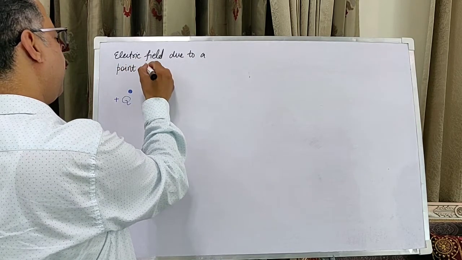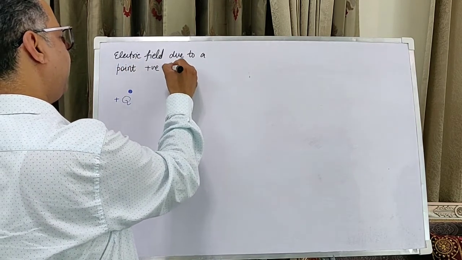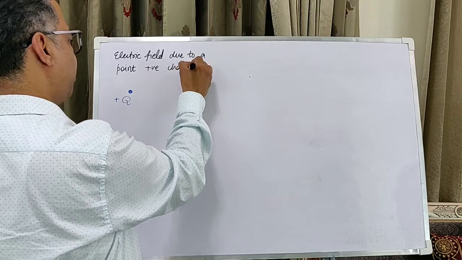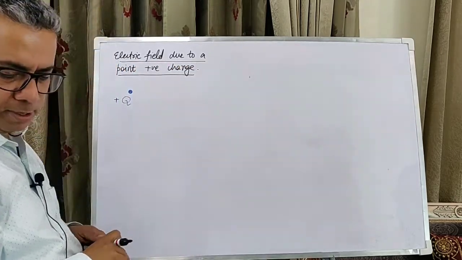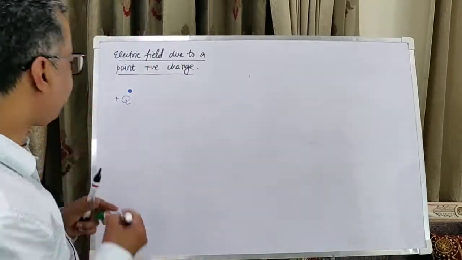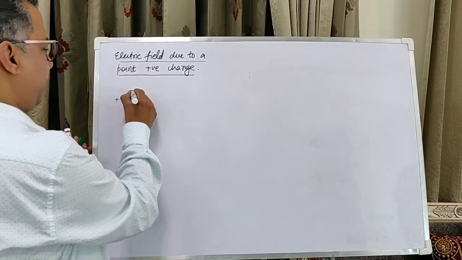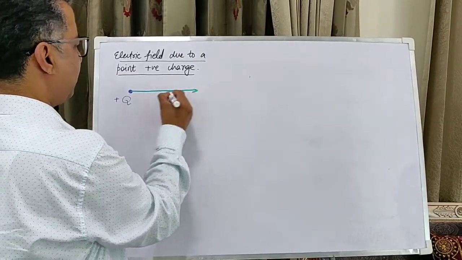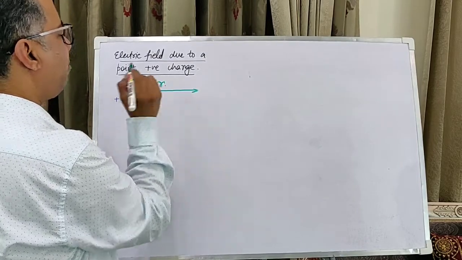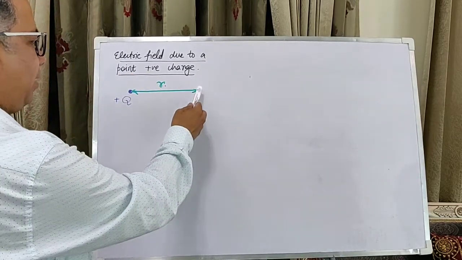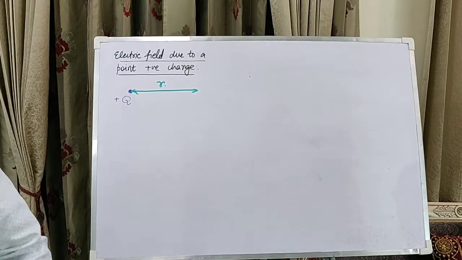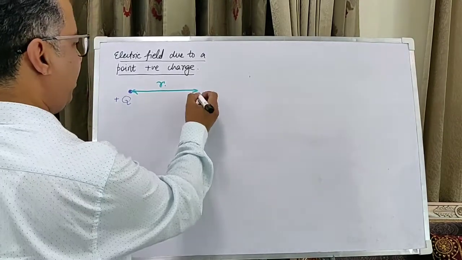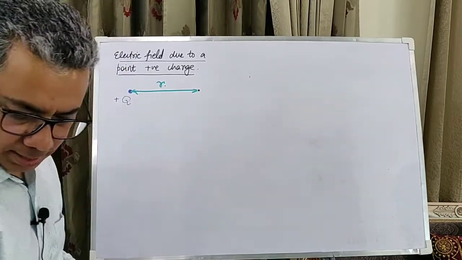So electric field due to a point positive charge. Now this is your point positive charge. We are looking at a point that's distance r from it. At this point here, we are going to try and find the electric field intensity.